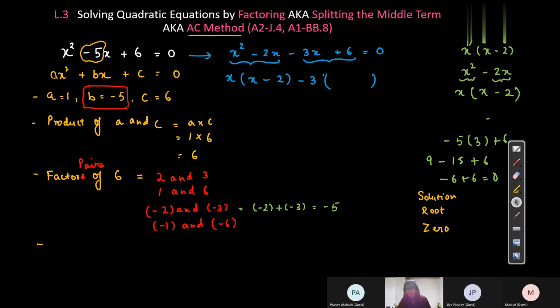Now we'll apply reverse of distributive property. So everyone, what is negative 3x divided by negative 3? Jia, can you tell negative 3x divided by negative 3? Equals x. So here I will write x. Then what is 6 divided by negative 3?